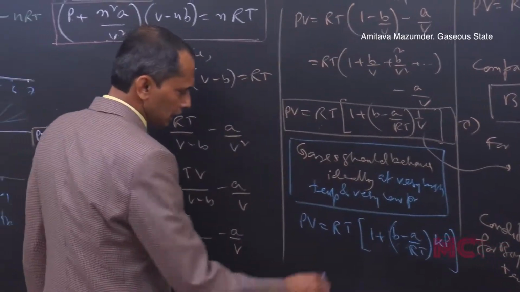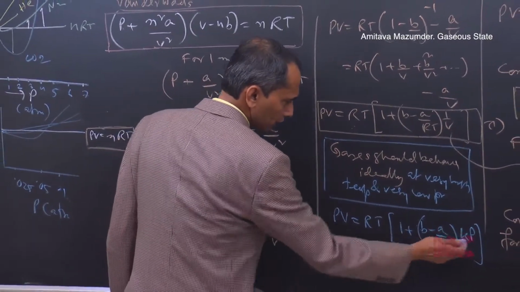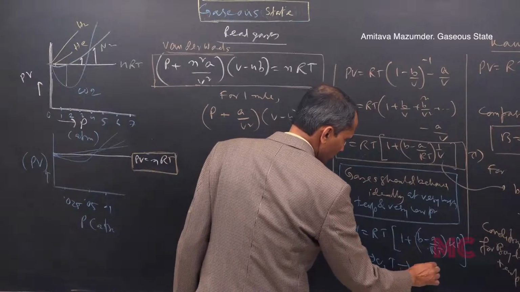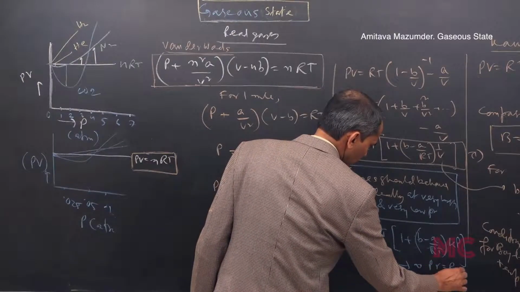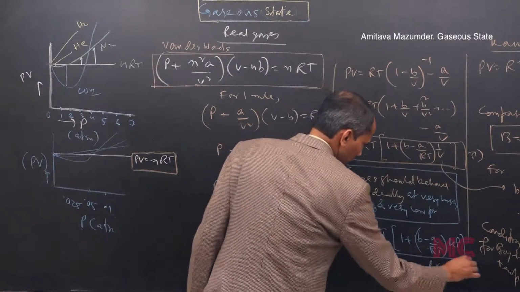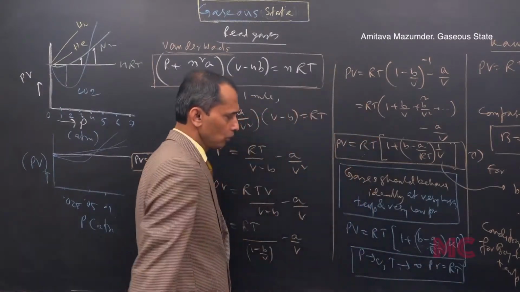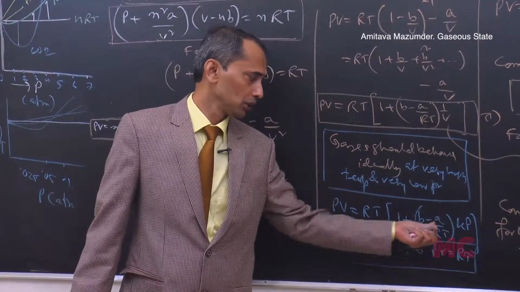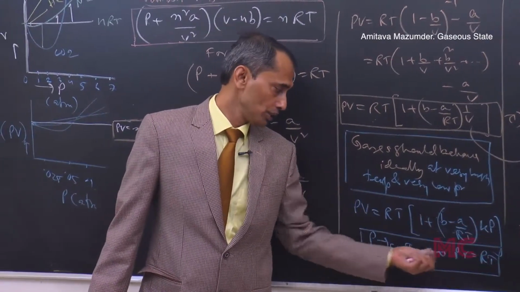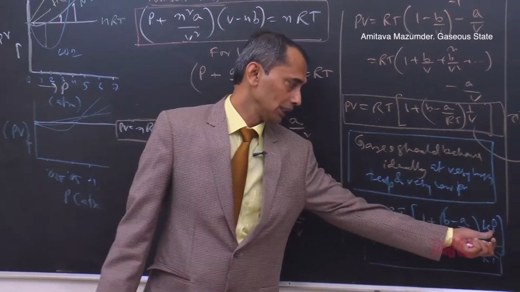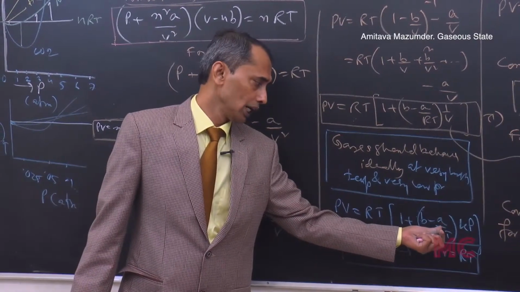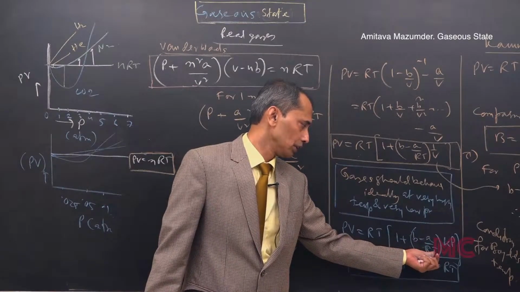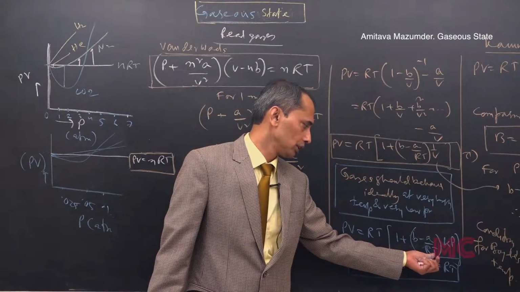So quite naturally, if 1/V tends to 0 on the right hand side and T tends to infinity, then PV becomes equal to RT. So with the help of this expression we can say that as P tends to 0 and T tends to infinity, the gas should behave ideally, because this term should vanish. So P tends to 0, and in that case this becomes 0, but T also has to tend to infinity, because if not, it will be remaining.